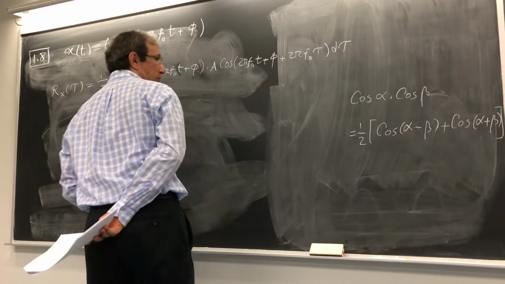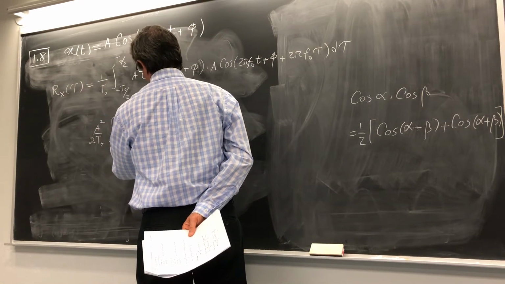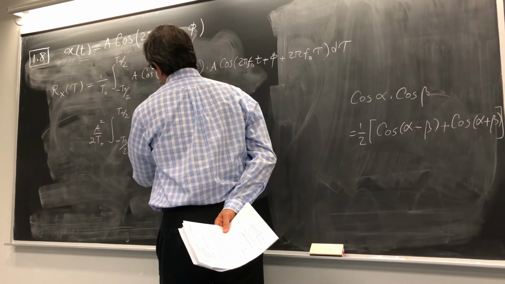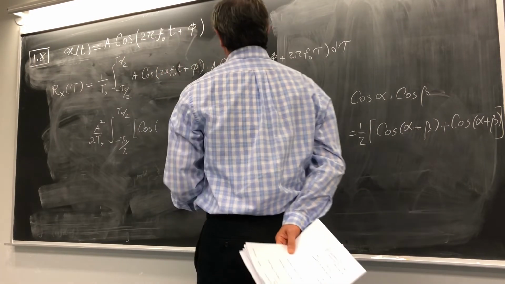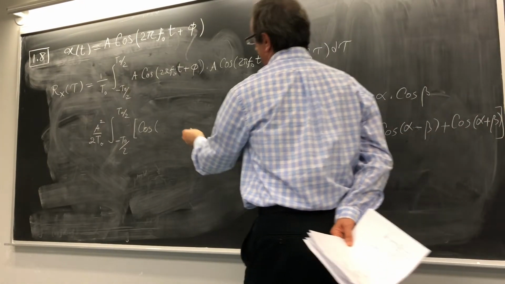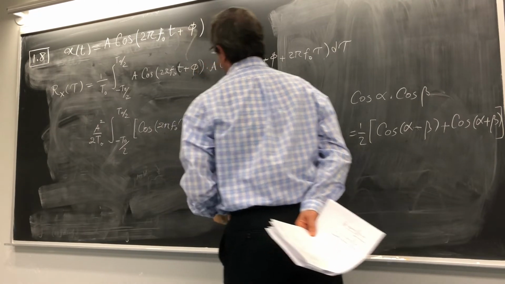So let's bring the 1/2 outside of the integral. Then we've got cosine of, so what is the difference now? It's 2 pi f naught tau.